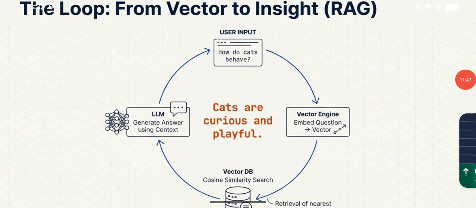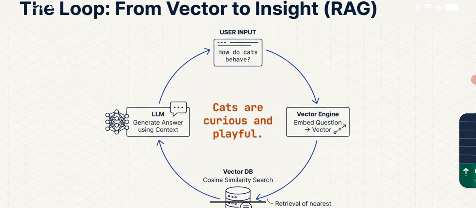Right. So let's understand with an example. Suppose the information saved in the vector embedding is that cats are curious and playful, and the question asked by the user is how do cats behave, right? If it is a keyword search, then behave will not be able to map to curious and playful and give the answer.